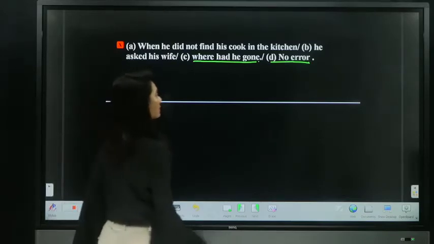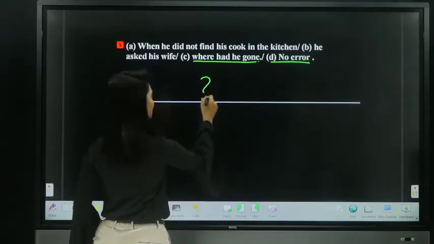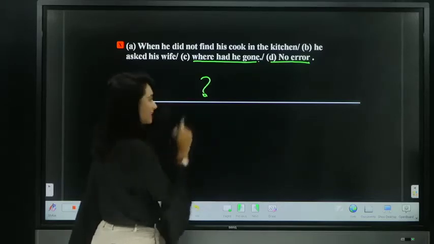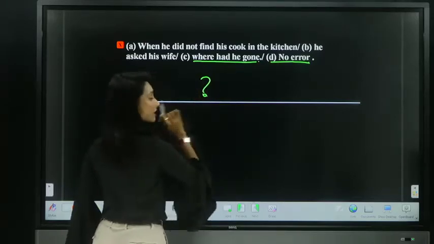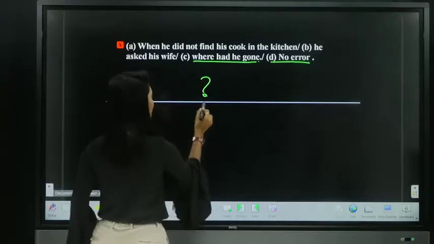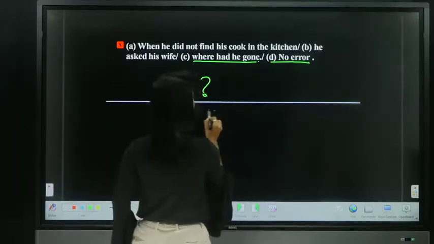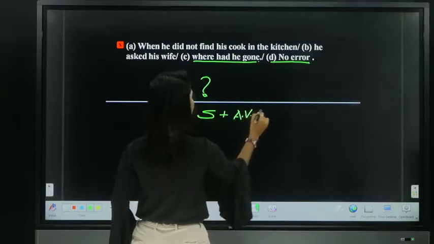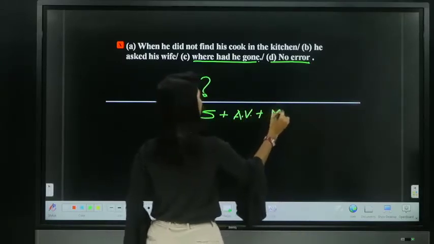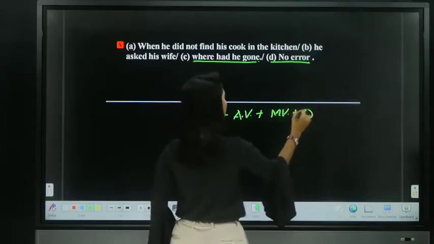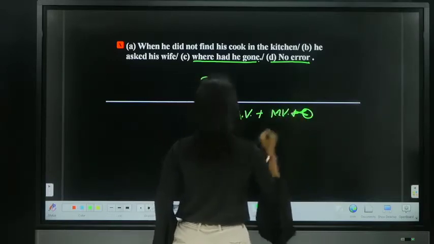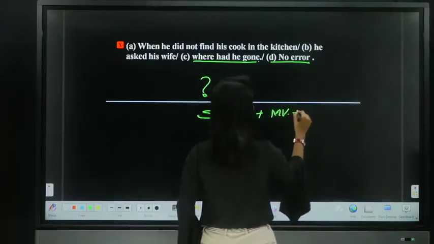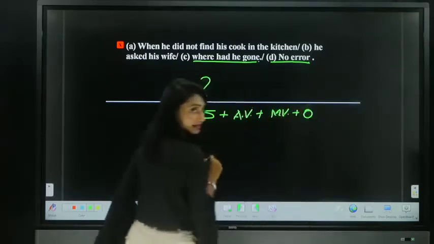So guys, is the sentence a question? No, right? It is an assertive sentence. In an assertive sentence, the structure is subject plus auxiliary verb plus main verb plus object, when two verbs are there in the sentence.